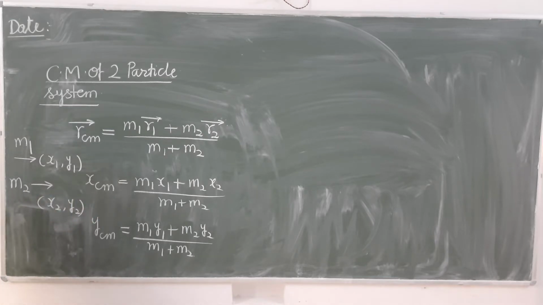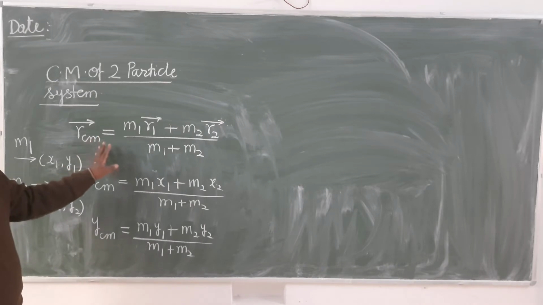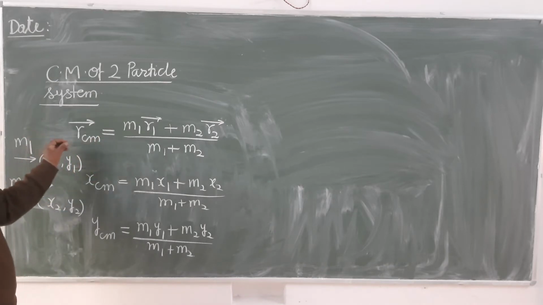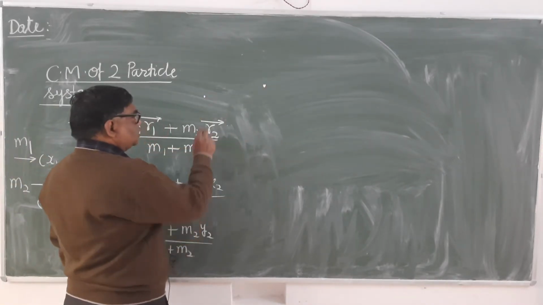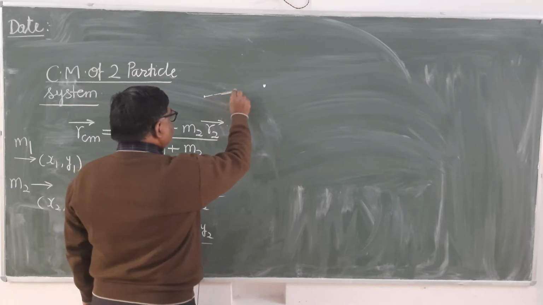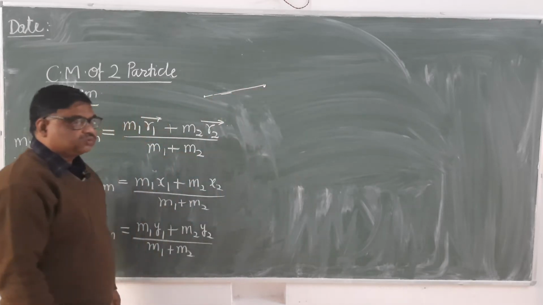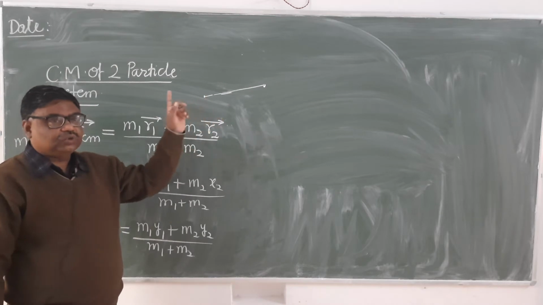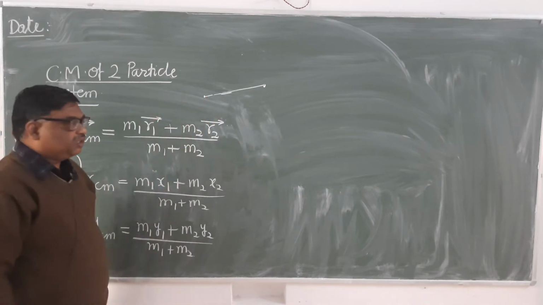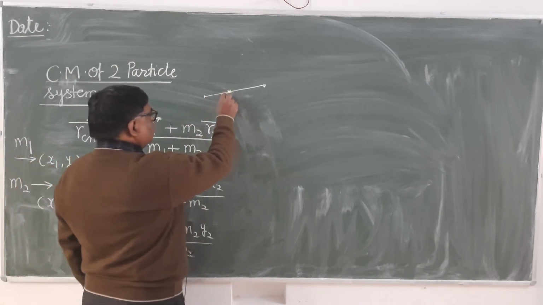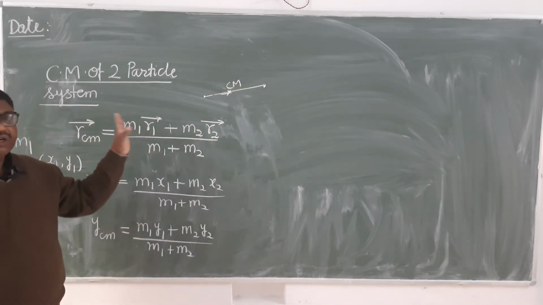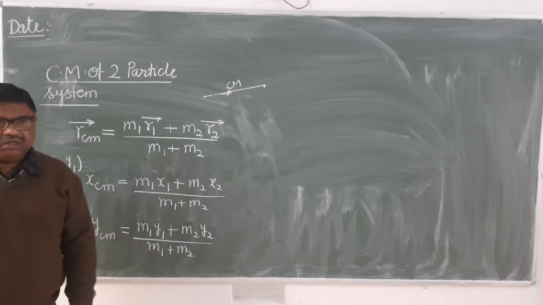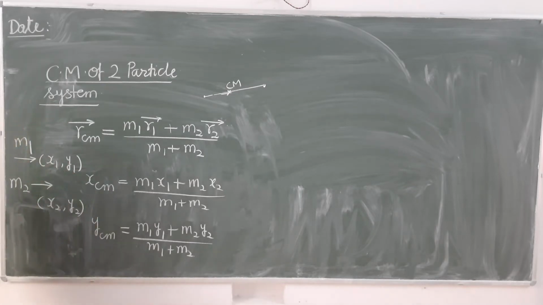One thing: in a two particle system, where will the center of mass lie? Suppose one particle is here, the other is here, and this is the line joining the particles. Then the center of mass will be somewhere on the line joining the particles, but this is only for a two particle system.